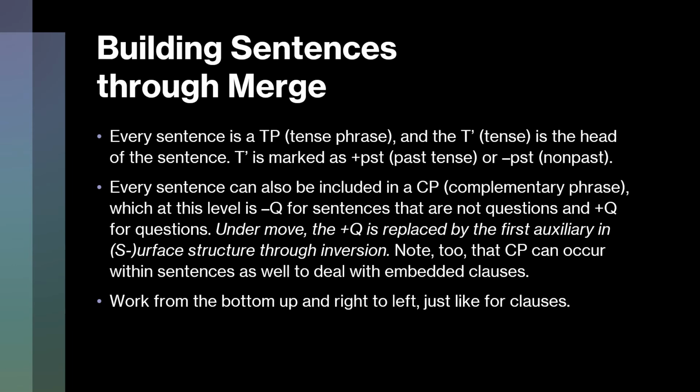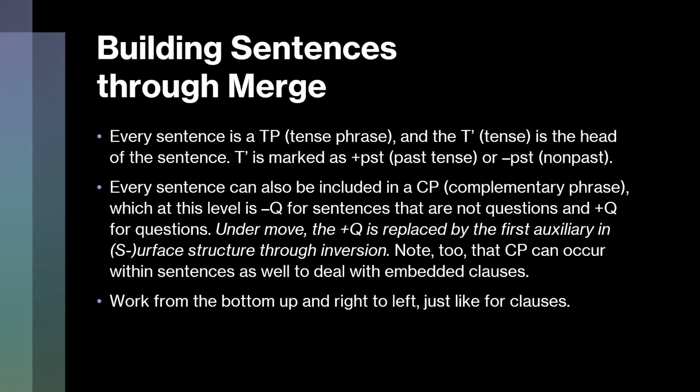So how do we move from phrases then to sentences? Well, we keep building those phrases and words together until they form a sentence. A couple of things you should notice about sentences that are different than just the phrase level. Every sentence is a TP, or a tense phrase, and the T head, the marker for tense, is the head of the whole sentence.